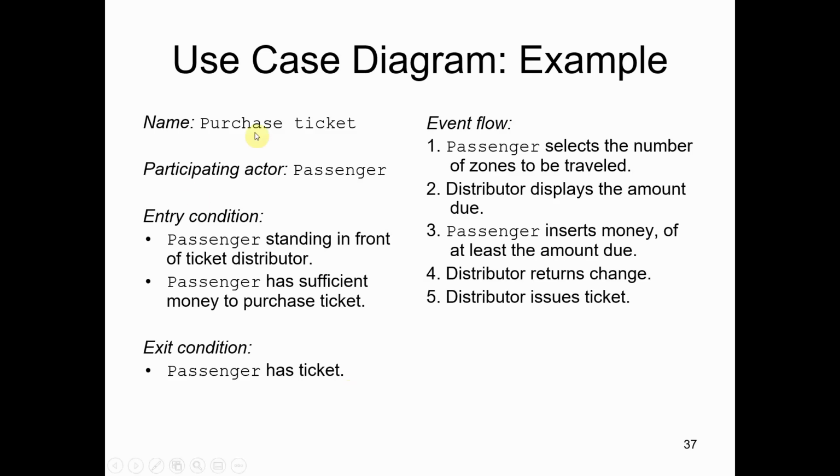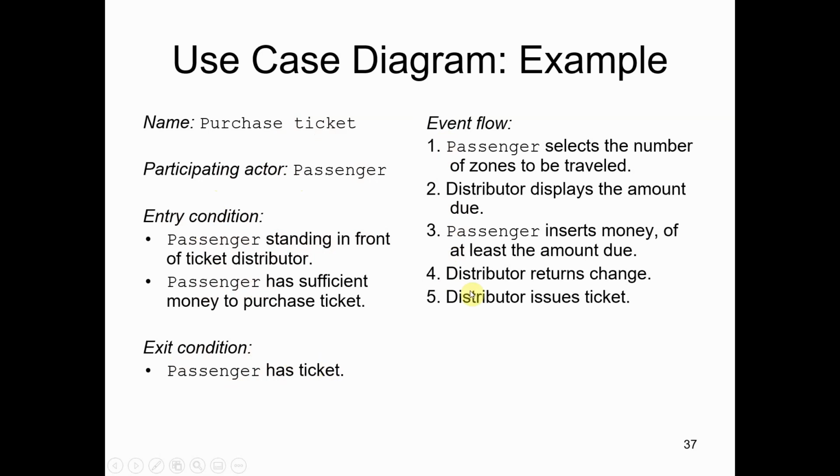In our previous example, the name is Purchase Ticket, the actor is the passenger, and the entry condition is that the passenger is standing in front of the ticket distributor and has enough money. The exit condition is that the passenger has a ticket, and here is the event flow.